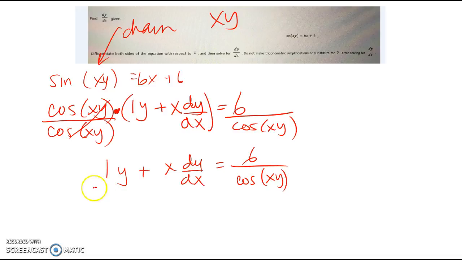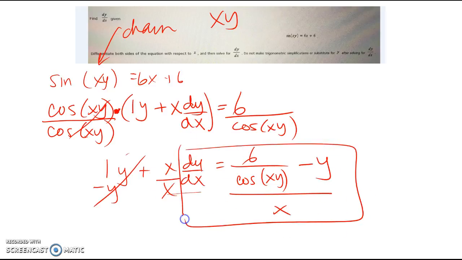I'm going to subtract y from that whole thing, right? And now I have x dy/dx equals this. Well, divide by x. This one's a little crazier, isn't it? 6 over cosine xy minus y, all over x.